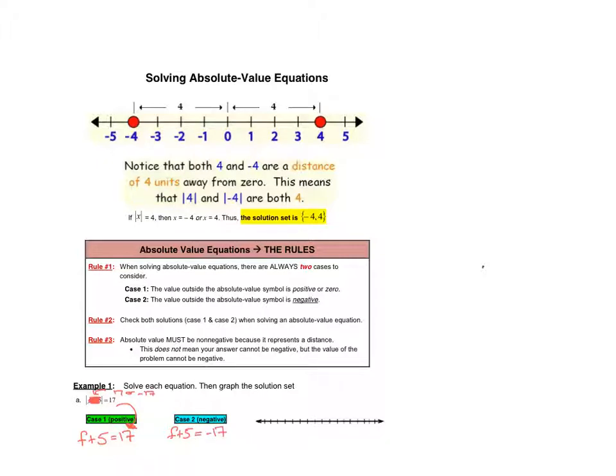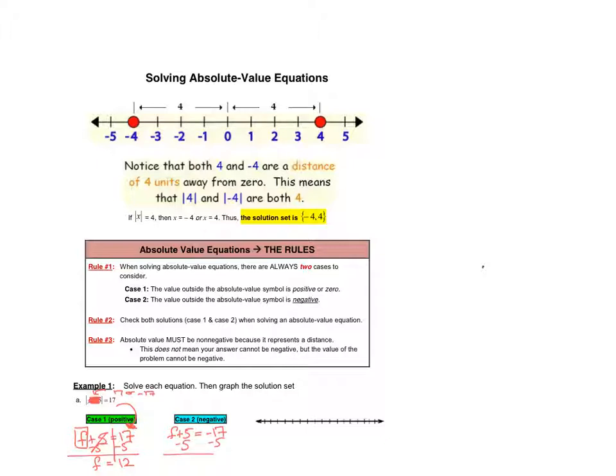So you basically take what was in the absolute value bars, you write it with no absolute value bars, and you set it equal to a positive and negative number. And then we solve these as regular equations. I'm solving for f, so I'm going to subtract 5 from both sides. I end up with f equals 12.